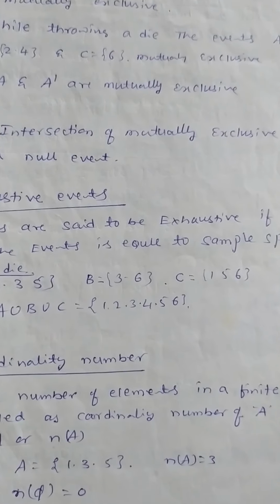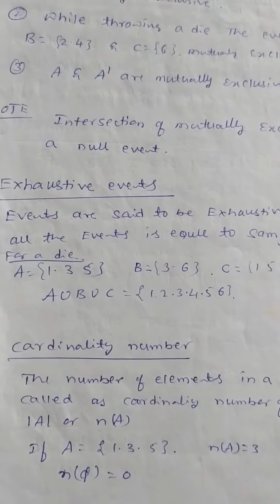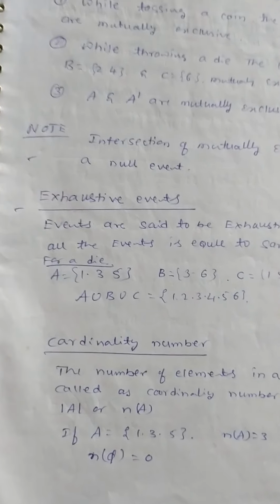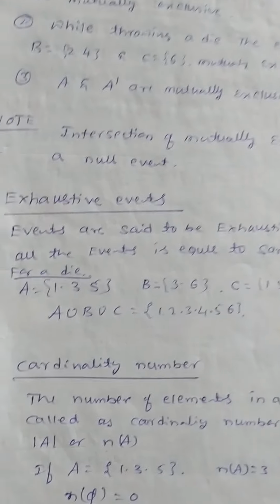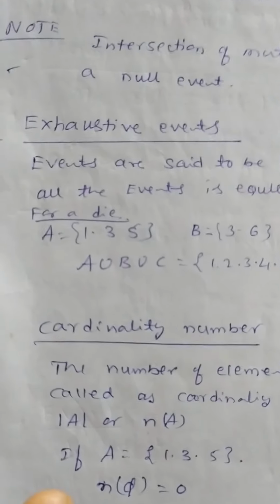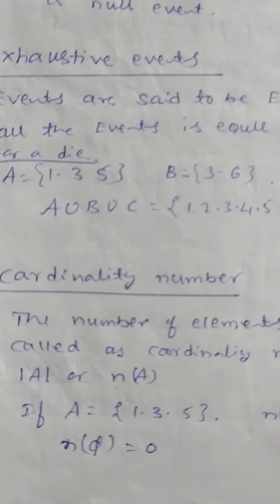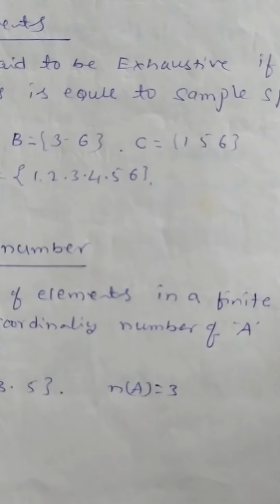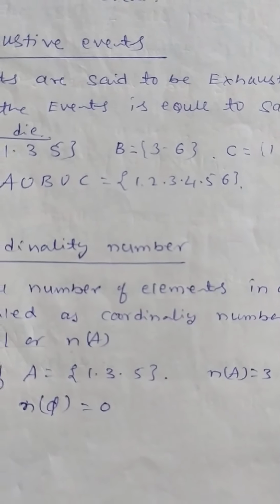Next, cardinality number. Cardinality means the number of outcomes in the event, that is, the number of elements in the event. It is denoted by mod A or n(A). If A is {1, 3, 5}, then what is n(A), the cardinality of A? It is 3 because there are 3 elements or outcomes.